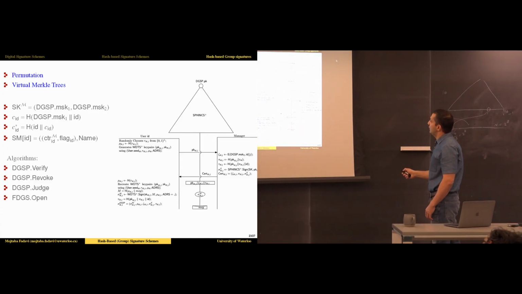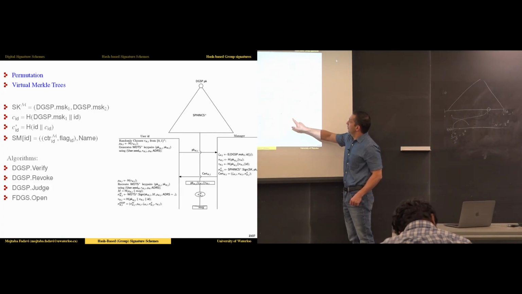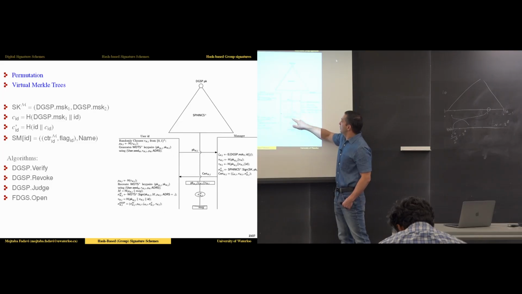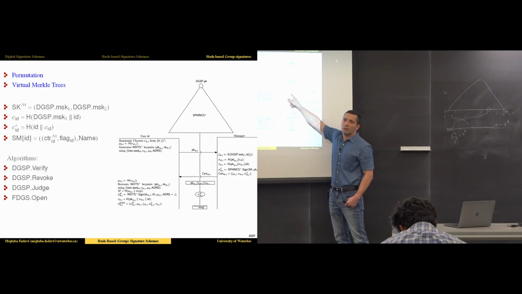Manager computes an encrypted value for the user and some extra information. Based on the public key of the user, the encrypted value, and tau, the manager generates a certificate using a random leaf node here. Because it's a random leaf node, it provides anonymity for the scheme.